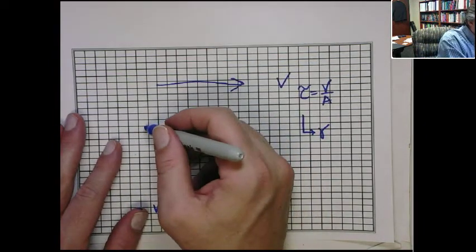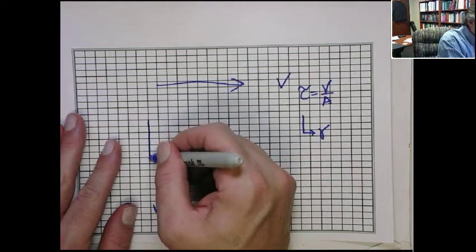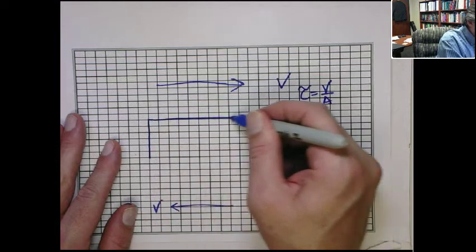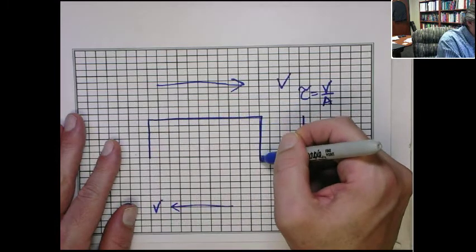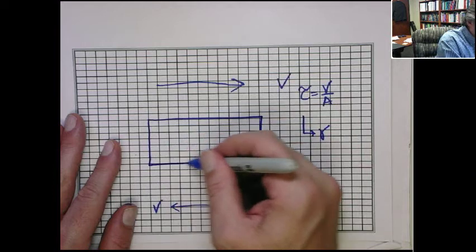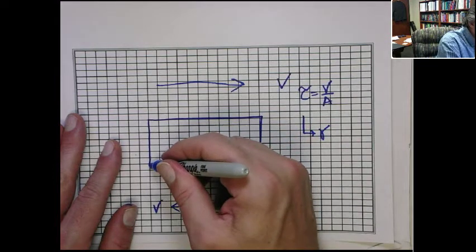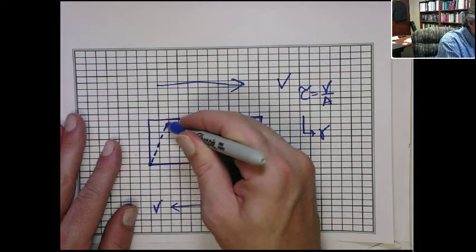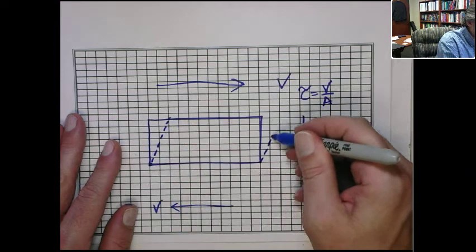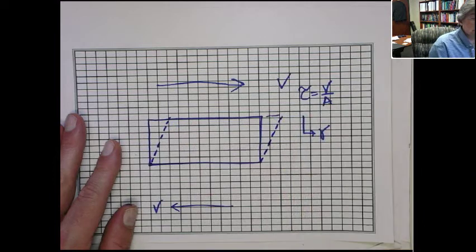So initially, it looks like this, and once it deforms, it takes the following configuration.